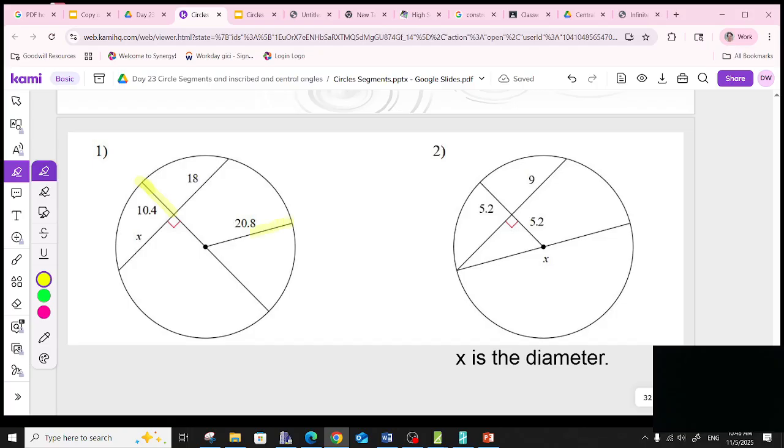This is your whole radius, and then from here to here is 18. What would this piece have to be if this is 90 degrees and it's the diameter? What's X? 18. I didn't have to do any work. It gave you all that information, but really all you had to notice is that it's 18.